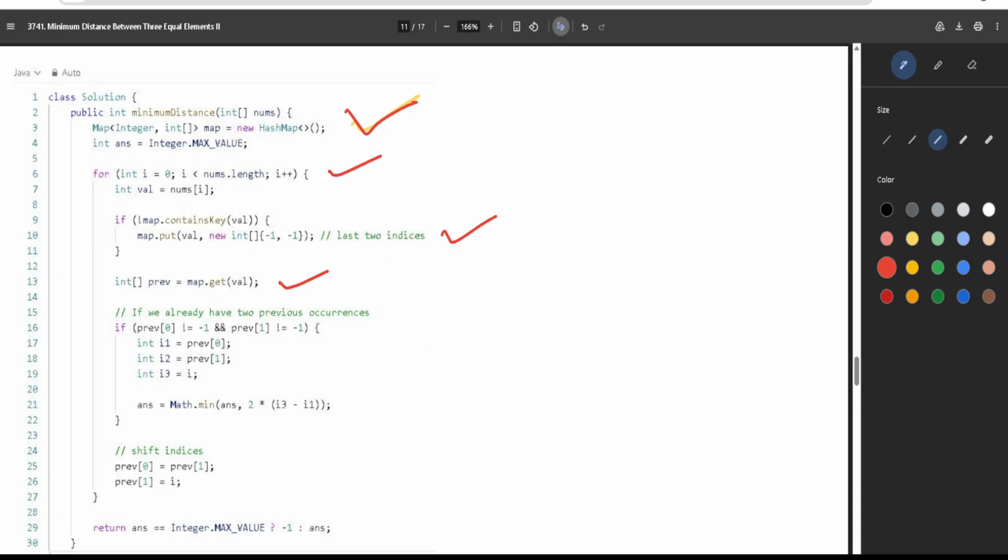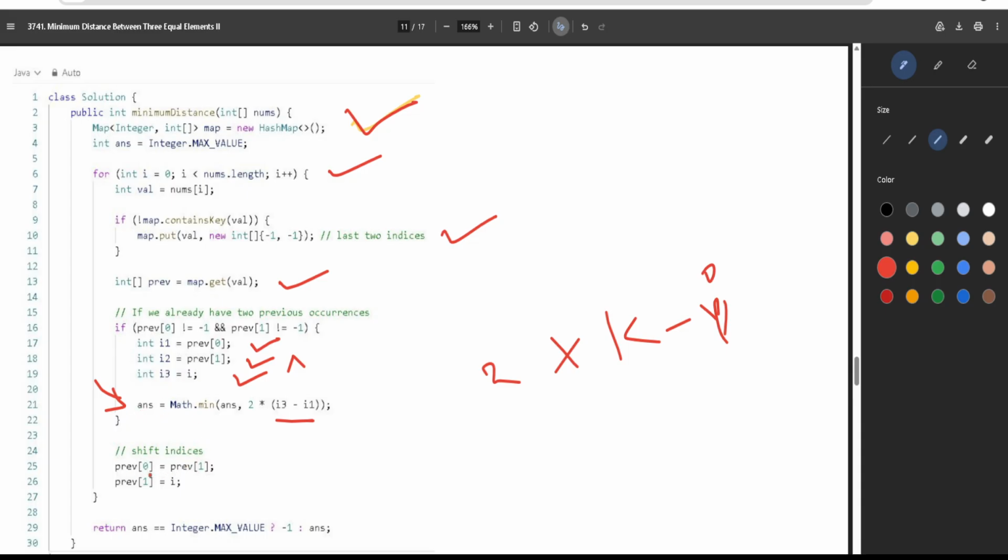Then we find the value. How will you find it? 2 into k minus i. To find k minus i, it means i3 minus i1, you ignore i2, right? So you will find the answer, and this answer is nothing but your distance.